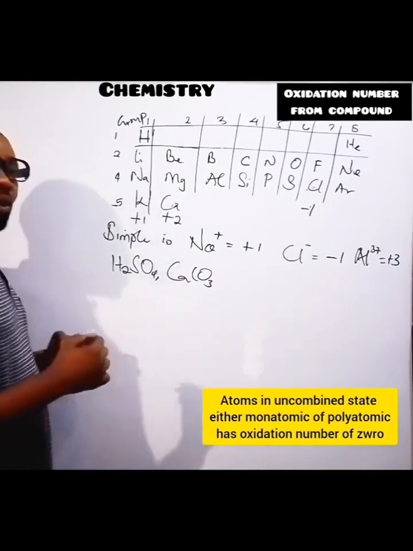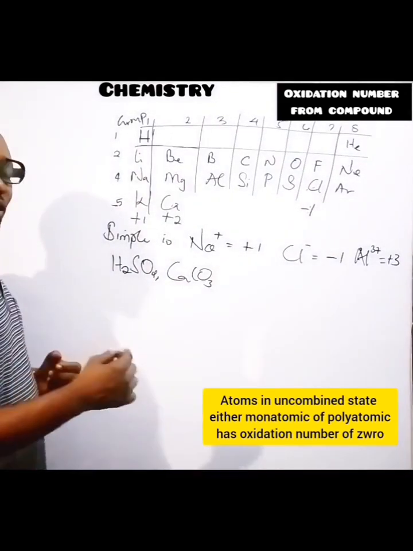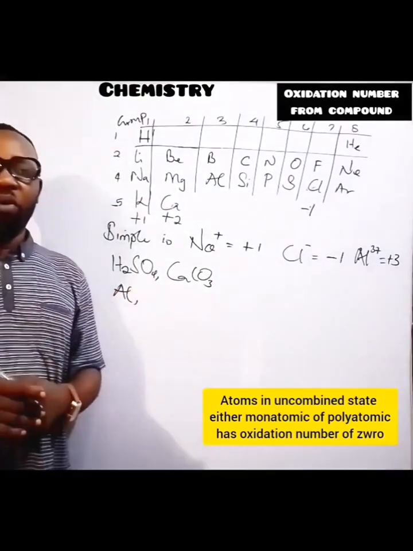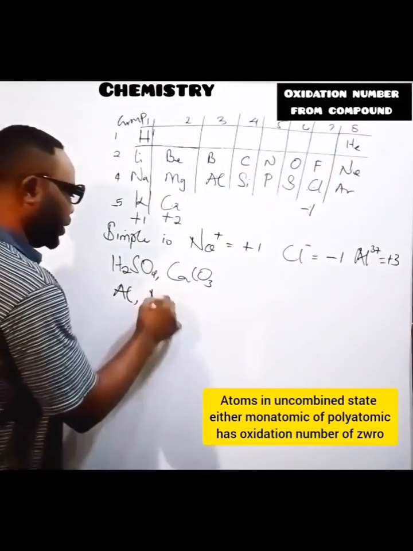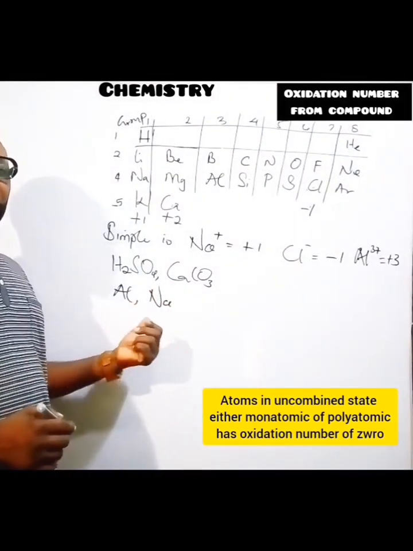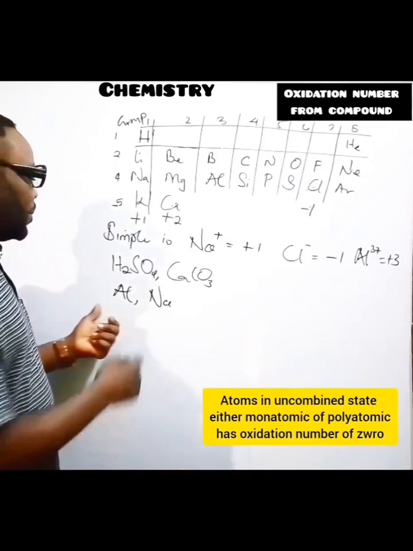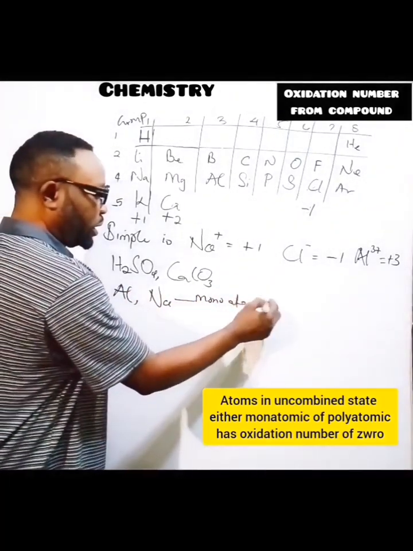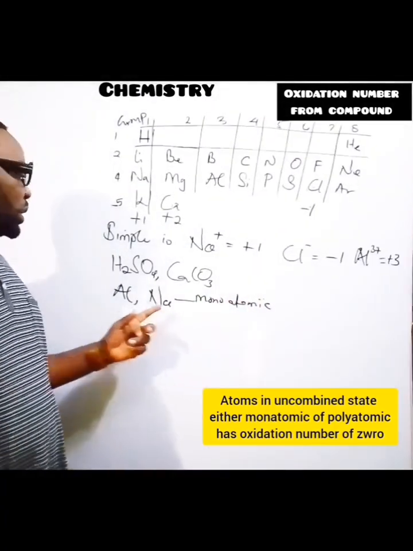When I say uncombined state, for example, aluminium in an uncombined state. Sodium, this is the uncombined state of sodium as well. These are monoatomic because they contain only one atom.